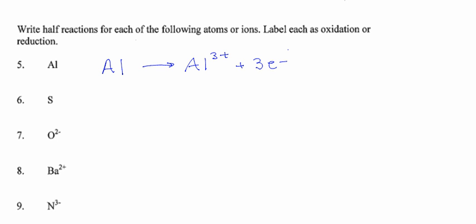Sulfur is 0. If we look in the periodic table, the first choice we have is a -2. We can do it for anything in sulfur's block, but let's just stick for now to the top charge, -2. So how does sulfur go from 0 to -2?